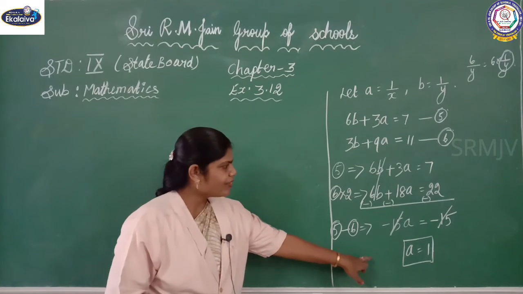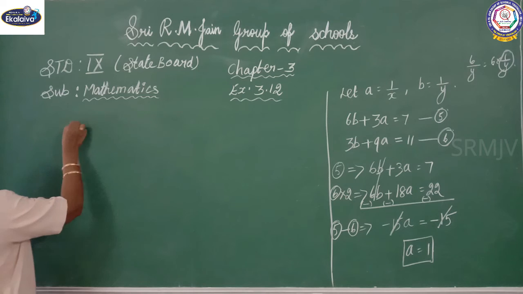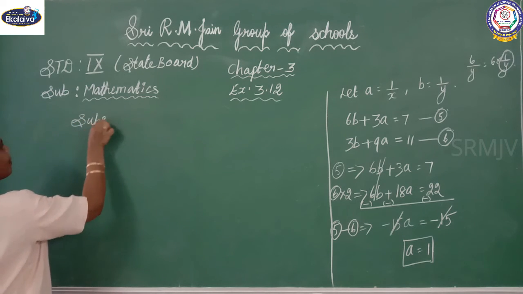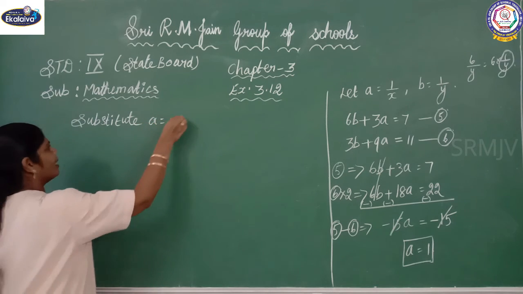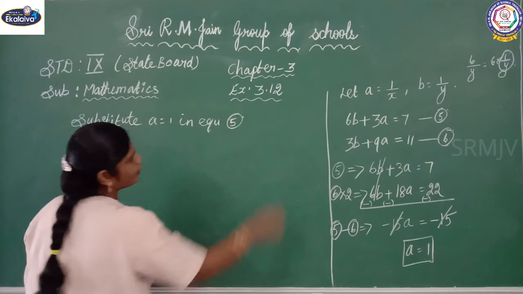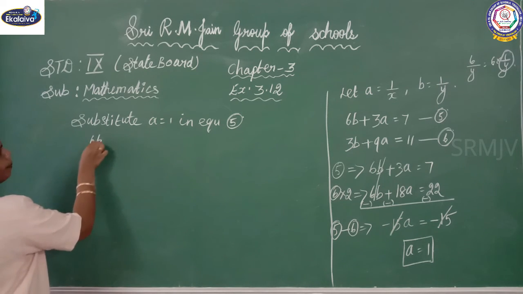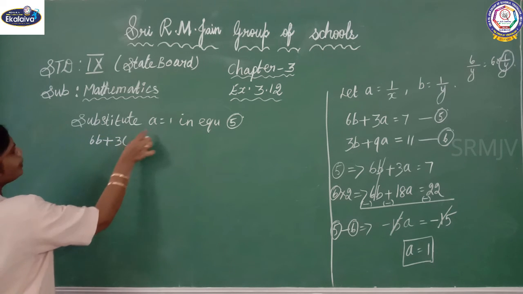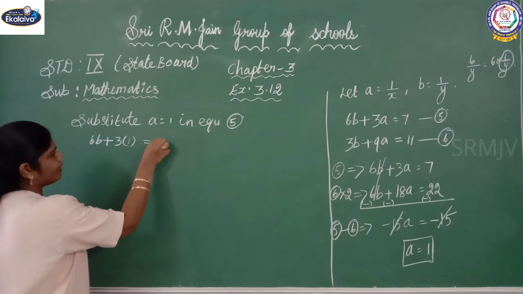So this a value I am going to substitute in the fifth equation. Substitute a equal to 1 in equation 5. So the equation 5: 6b plus 3 into the value of a, which is 1. So 3 into 1 equal to 7.